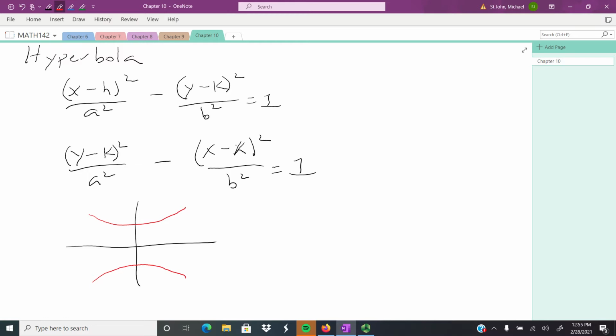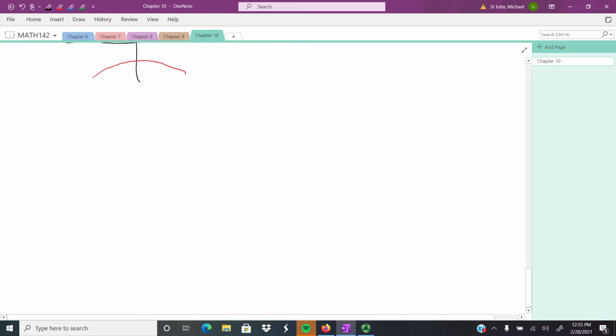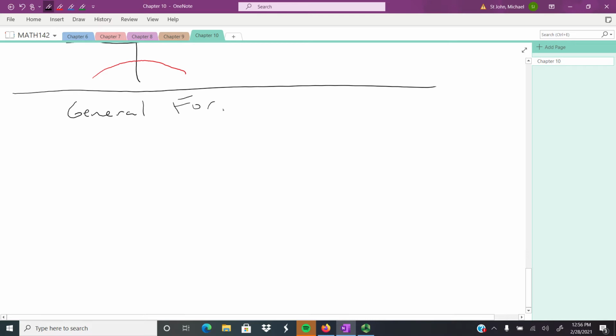Well, then in terms of a general form of an equation, can we tell what it's going to be? So doing a general form, if it's in this form, ax squared plus cy squared plus dx plus ey plus f equals 0, and a and c do not both equal 0.